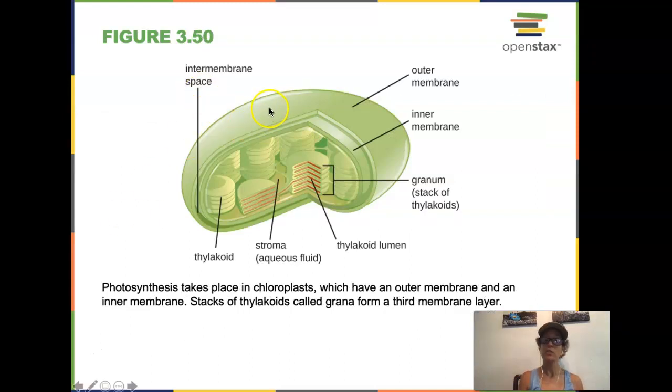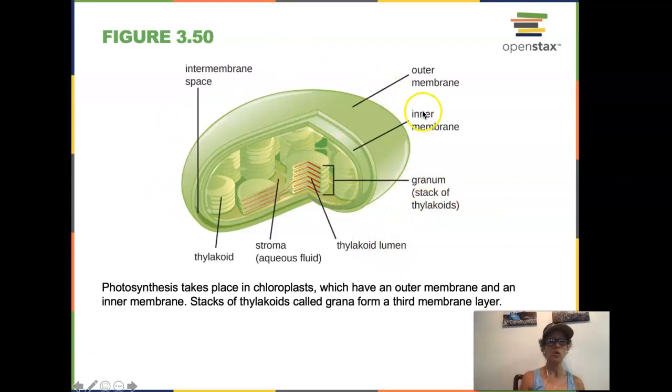The chloroplast has three membranes: smooth outer, smooth inner, and then the stack of little discs. Each disc is called a thylakoid. The liquid inside of the chloroplast is called the stroma. The interior of a thylakoid is the lumen, and a stack of thylakoids is called a granum.